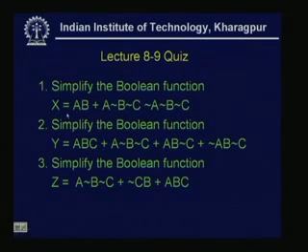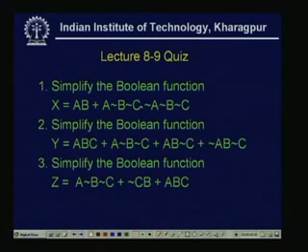The first one is X equals AB plus A B bar C bar plus A bar B bar C bar. The second one is Y equals ABC plus A B bar C bar plus A B C bar plus A bar B C bar. And the third one is A B bar C bar plus C bar B plus ABC. Again, we will continue this in the next class. Thank you.